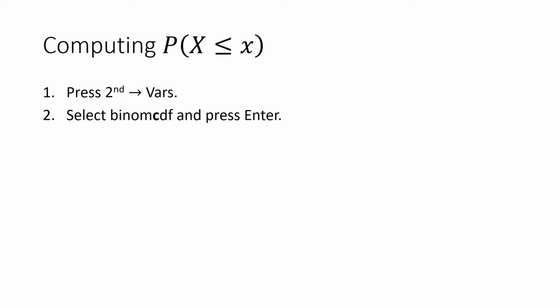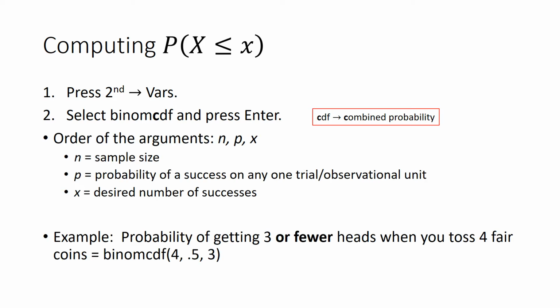After we press the second key and then the VARS key, we can select binom CDF and press enter. I like to think of the C in CDF as standing for combined, because we're finding the combined probability that x is equal to or less than little x. The order of the arguments for binom CDF is the same as the order of arguments for binom PDF.